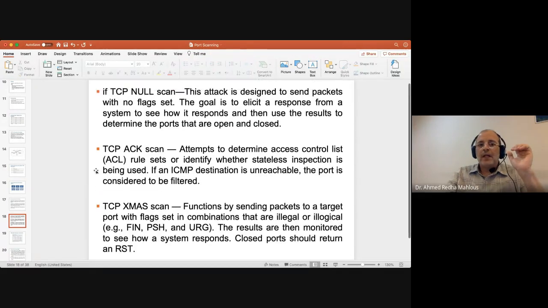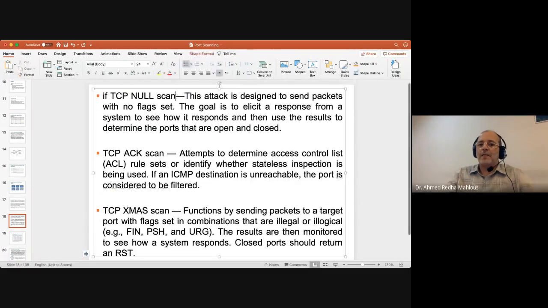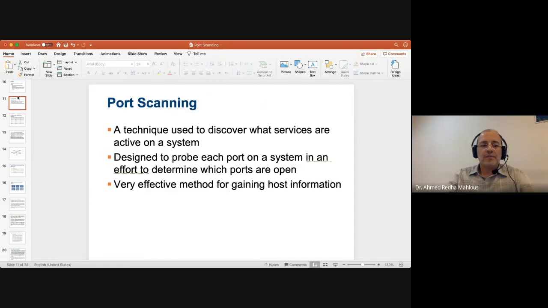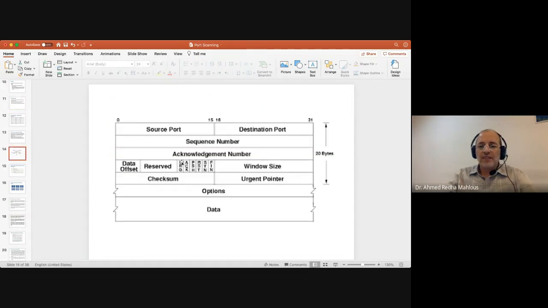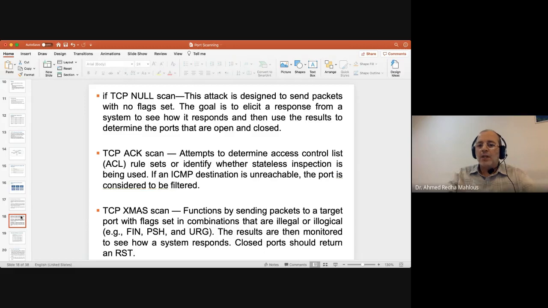Okay, we do have a null scan, and all these scans are based on the flags. A null scan means you send a packet with no flags set. All those flags that we have seen will be empty.